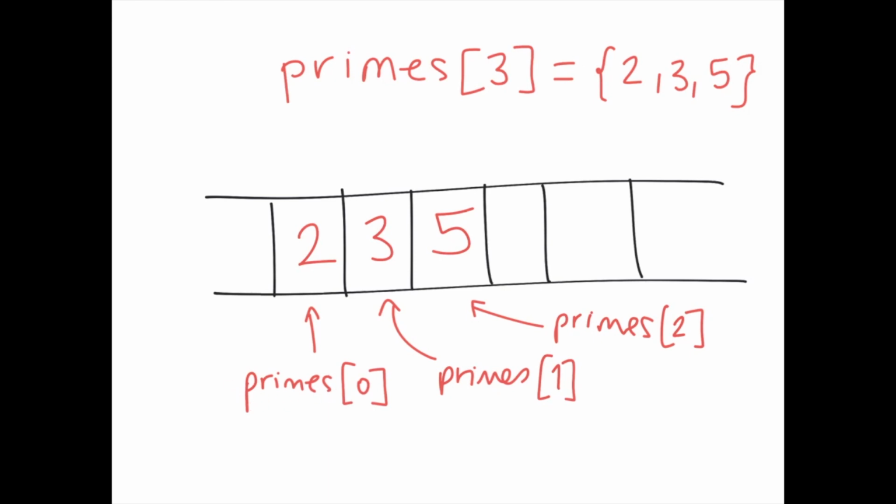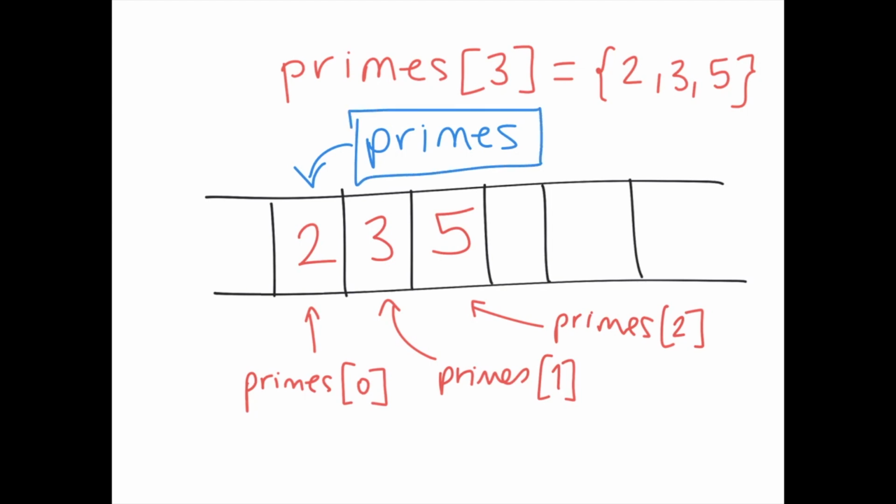Primes by itself is a pointer, the value of which is the address of the first element in the array. Alright?